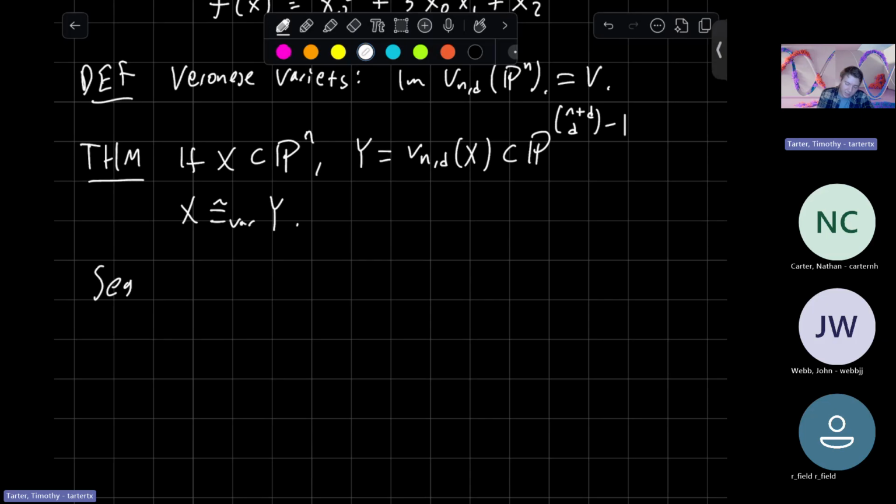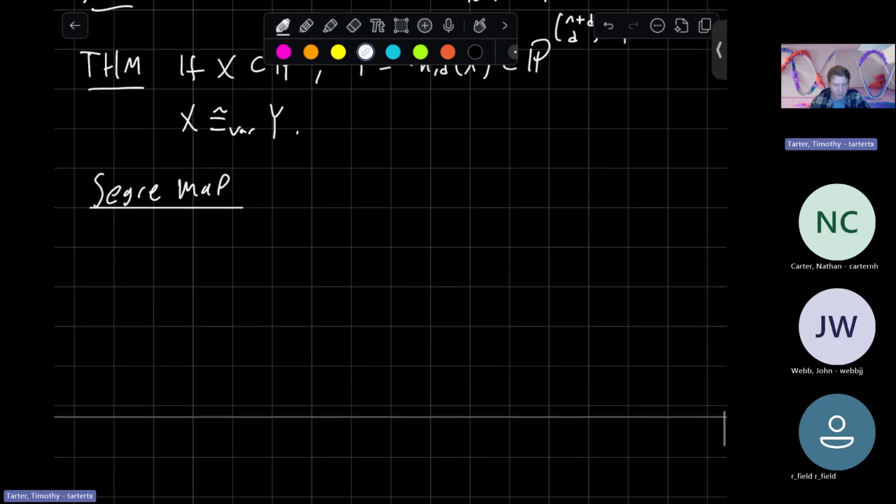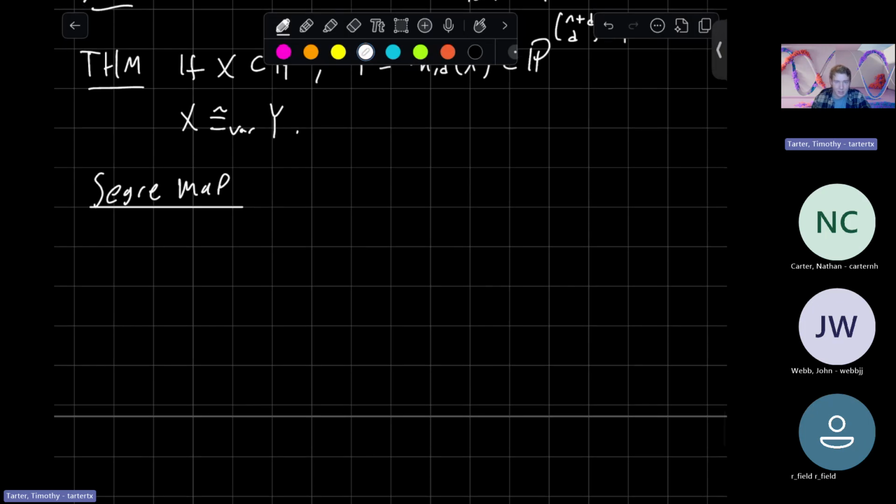So the next type of map is called a Segre map. If you've seen tensor products of vectors before, this is very much related to that.